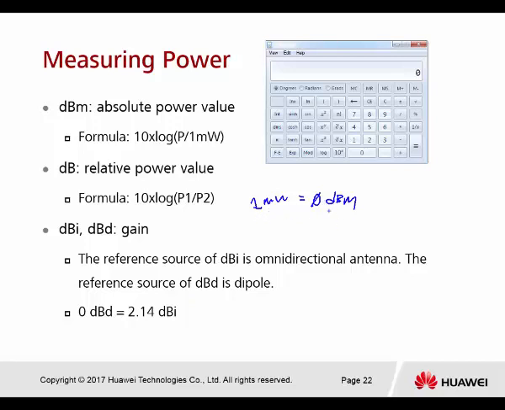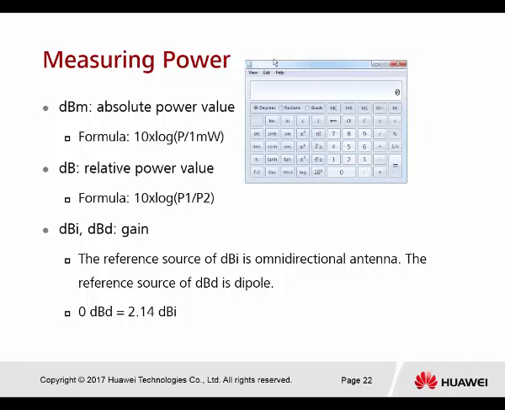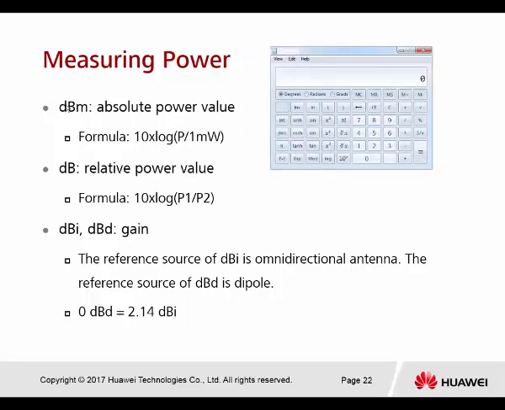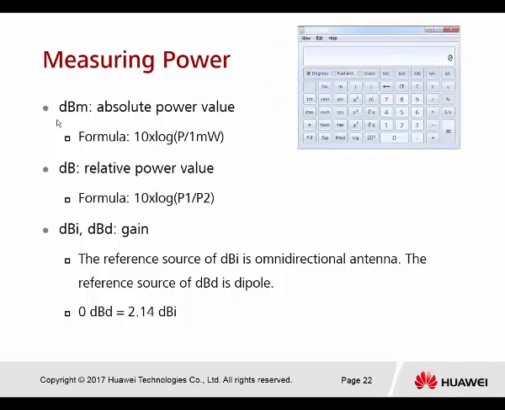So this is the calculation. There is also another one for the dB. The dB uses the first power and the second power to do the calculation. If you want to understand the calculation, there is also a calculation for converting dBm to milliwatt. For some of the well-known dB values converted to milliwatt, it will look like this.